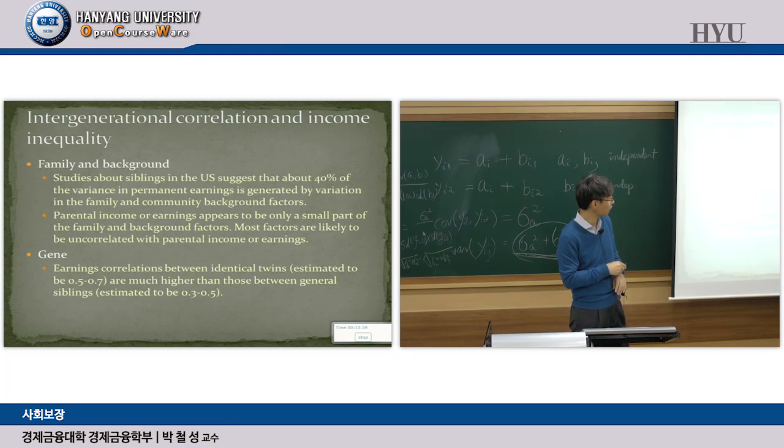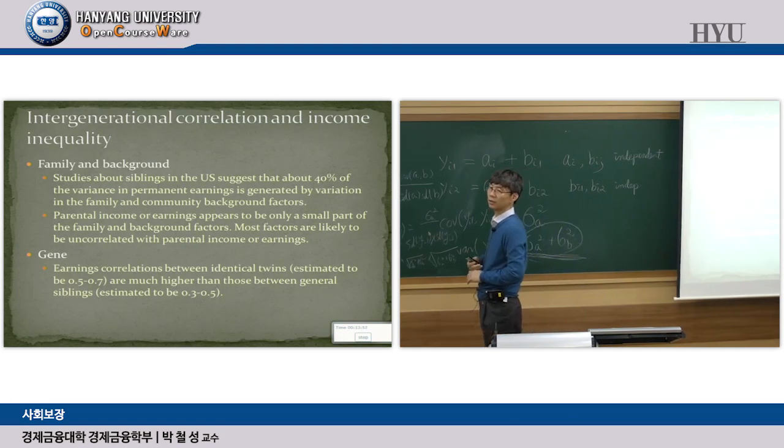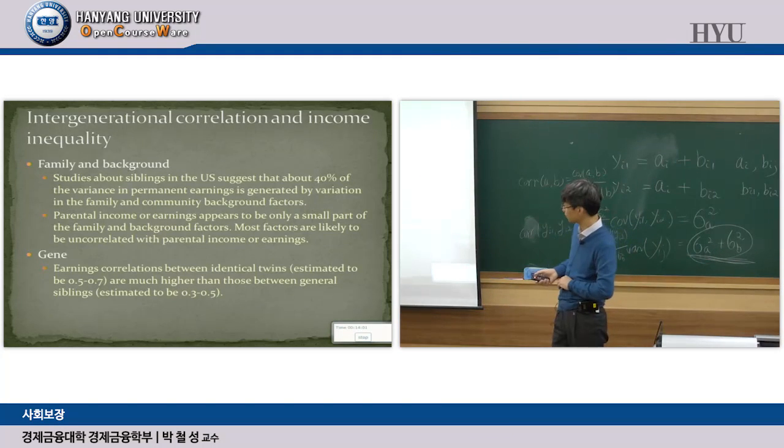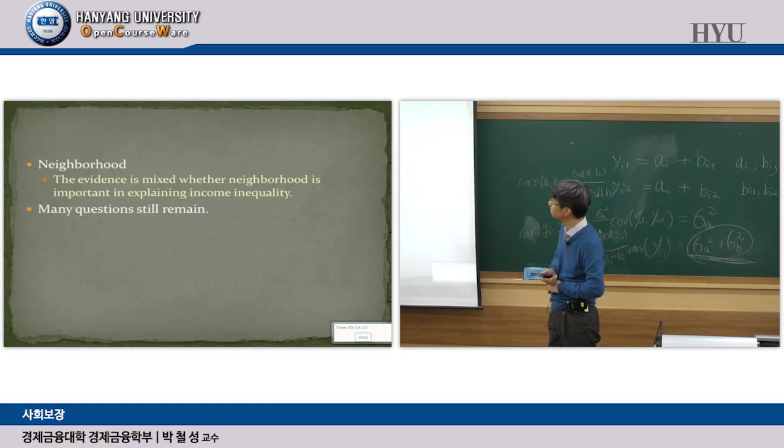What he found is that identical twins have higher earnings correlations than general siblings. General siblings, as I said, are about 0.4, so between 0.3 and 0.5. For identical twins it is 0.5 to 0.7. Which means the genetic factor is significant. So genes are important.